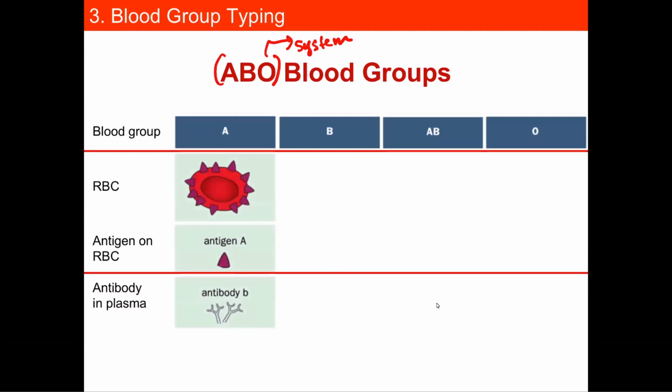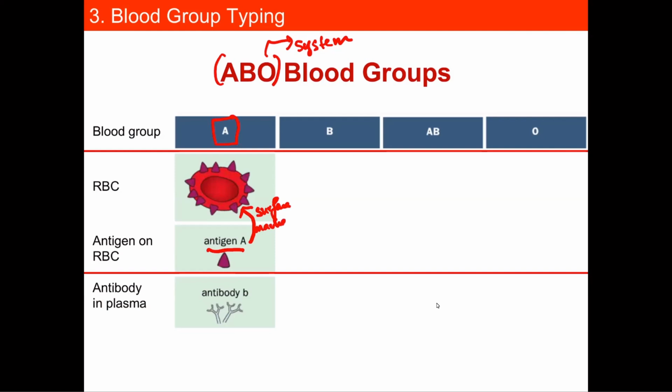Now, for a person who has blood group A, how do we know it's blood group A? How can we tell from the red blood cell itself? When we look at the red blood cell, we are going to find this thing called antigen A. So for blood group A, we have antigen A as the surface marker.